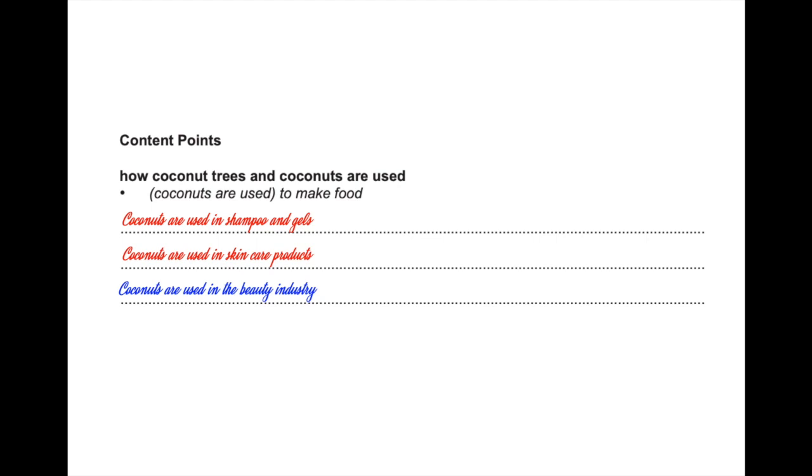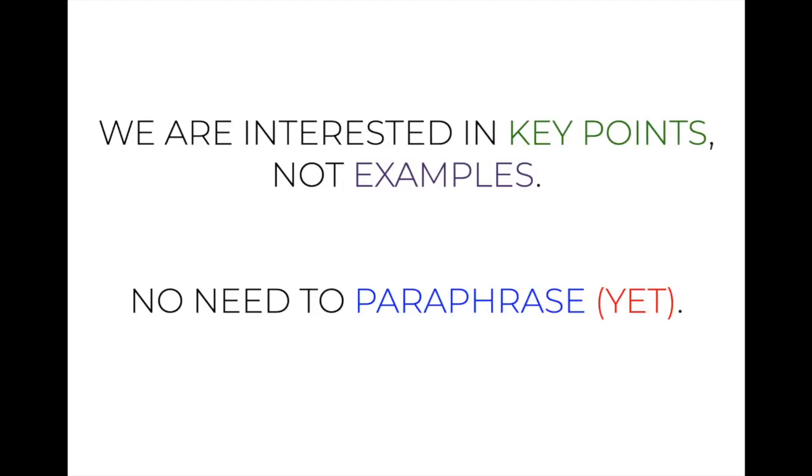So if we were to write down coconuts are used in shampoos and gels, that would be incorrect. If we were to write down coconuts are used in skincare products, that would also be incorrect. But if we were to write down coconuts are used in the beauty industry, that would be correct, because we are interested in key points, not examples.